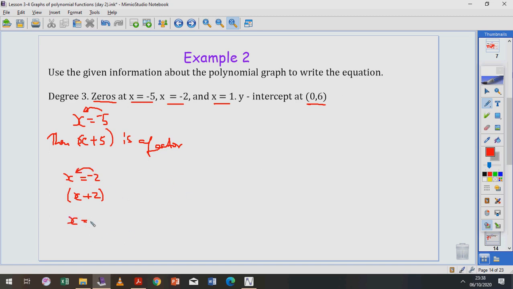And finally, since x equals positive 1 is a root, that means x minus 1 is a factor. Now, working on the assumption that I have a multiplicity of 1 for each of these zeros, because I wasn't told what the multiplicities are, and it's also consistent with what I expect, because these are 3 factors which would be multiplied to get x plus 5, x minus 2, x plus 2, and x minus 1.